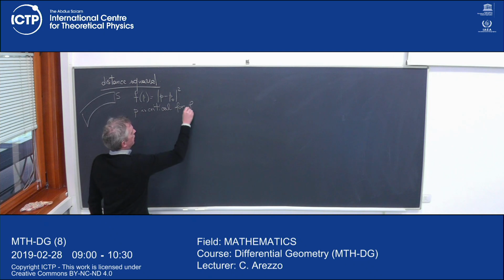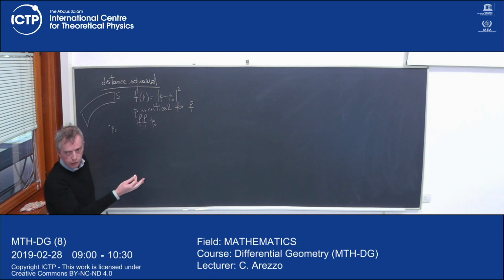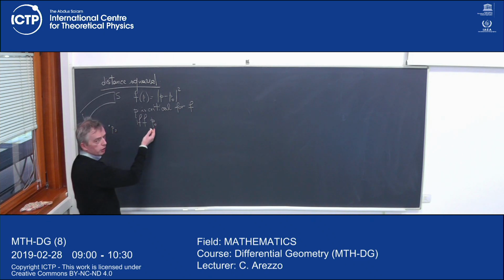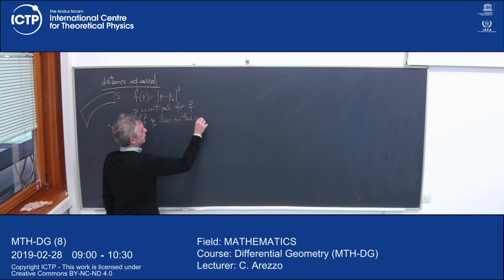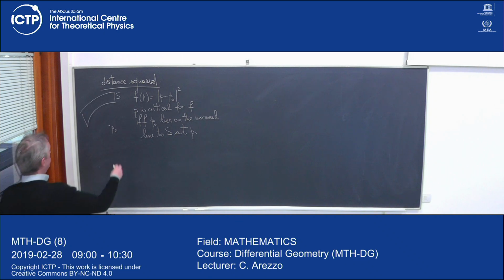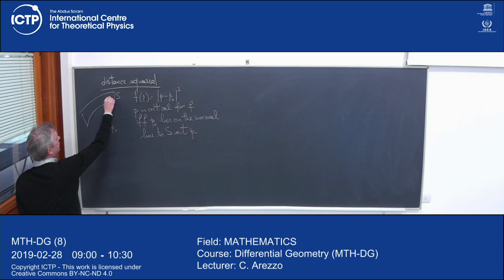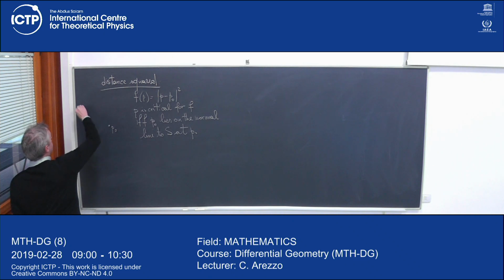So we remember that we had observed that P is critical for F if and only if, and now again you have many equivalent formulations, P naught lies on the normal line to S at P. Okay? Meaning, pictorially, when you do this, it's better to draw S as different as possible from a sphere. So suppose you are taking really a surface which is very irregular.